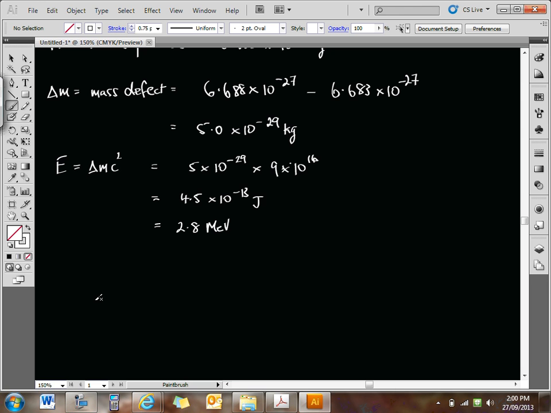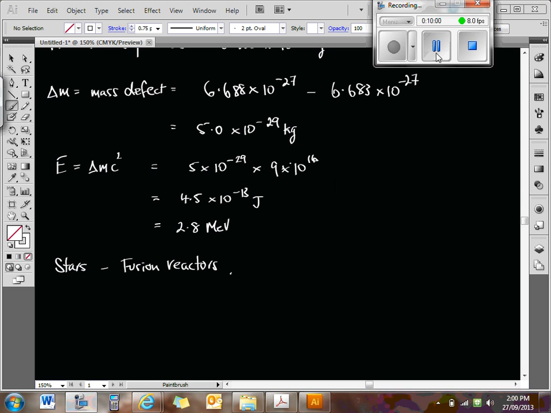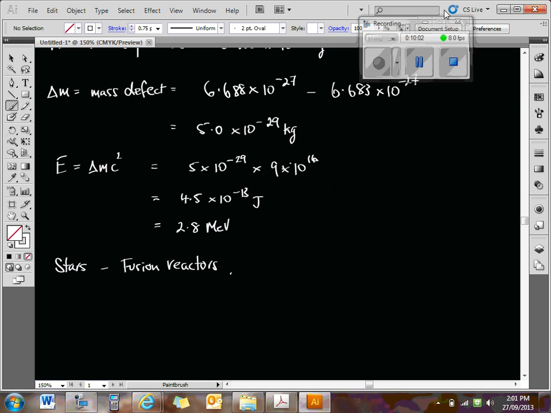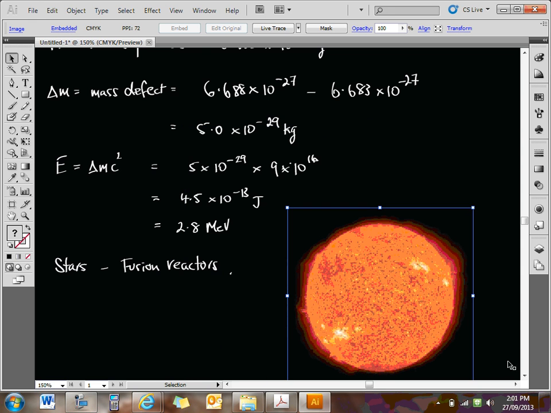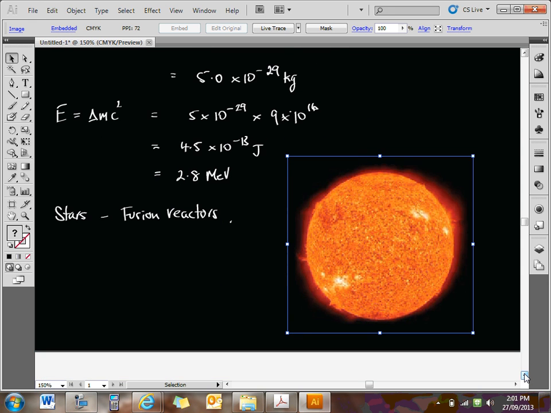Okay, so stars. What do they do? It's fusion reactions in the core, or a fusion reactor. So here's an image of our star, the sun. And so it's a fusion reactor essentially.